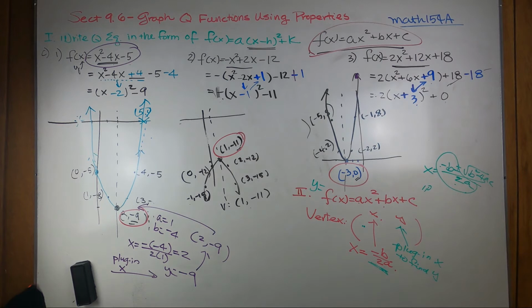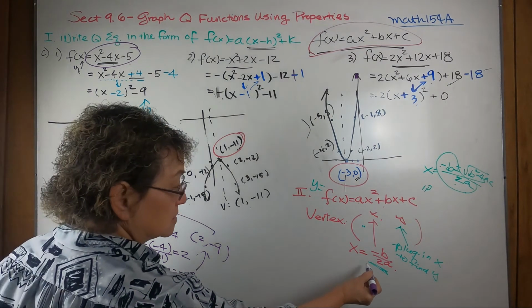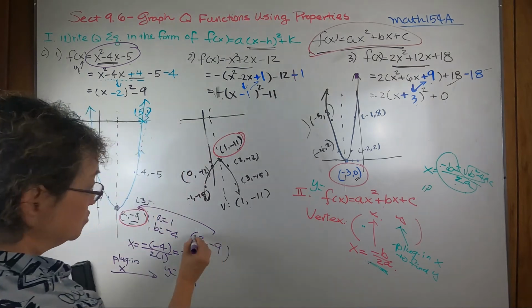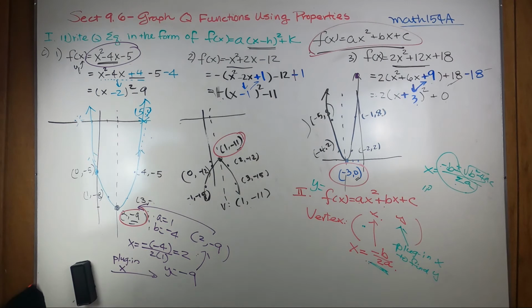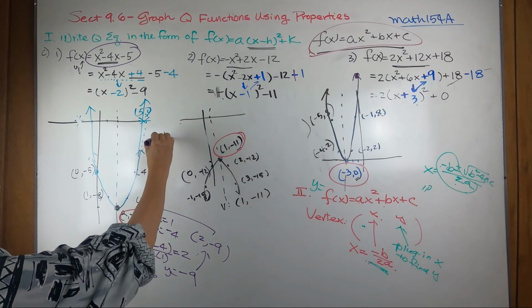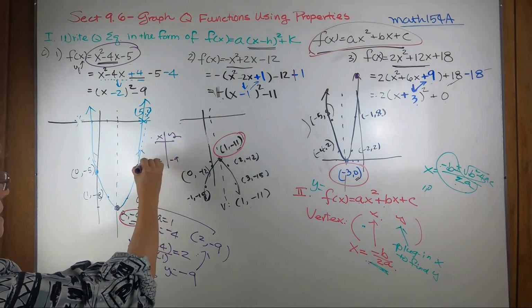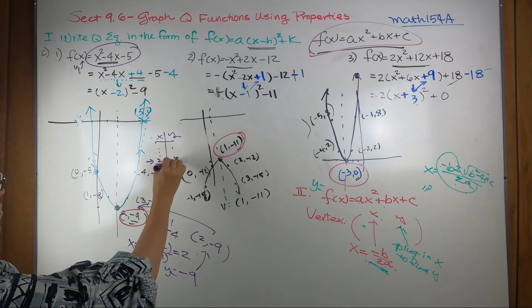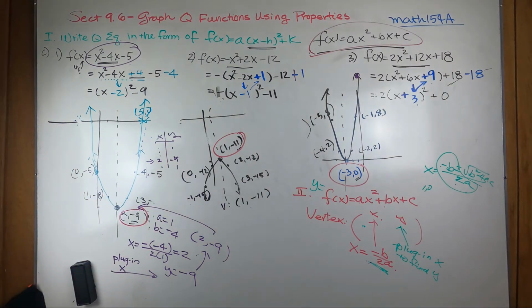So later on, you need to remember this, to do it directly for the standard form. Then you do your t-table, same as before, 2 and negative 9 in the middle. Then you find your points like before. Then you can graph it.